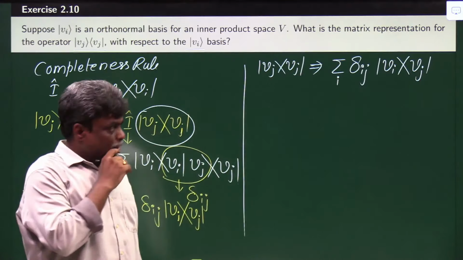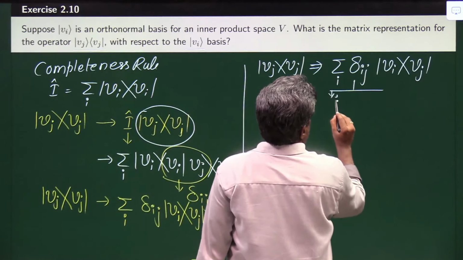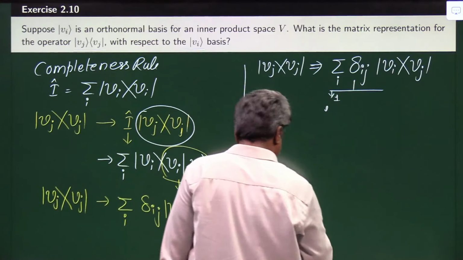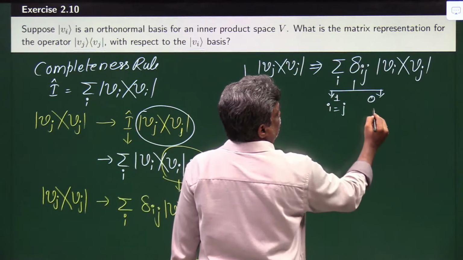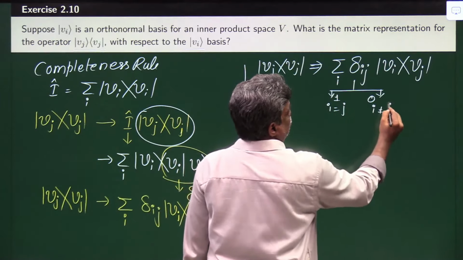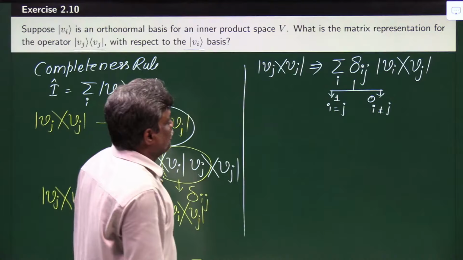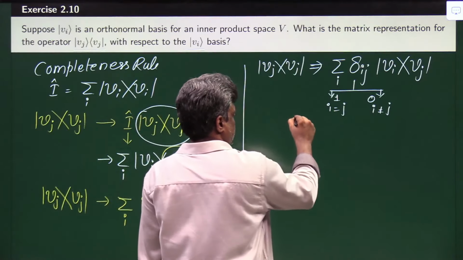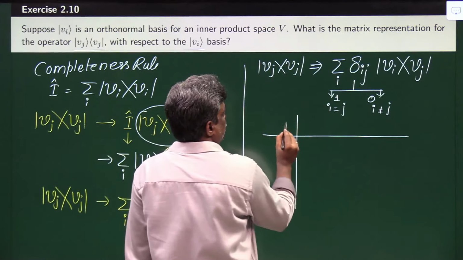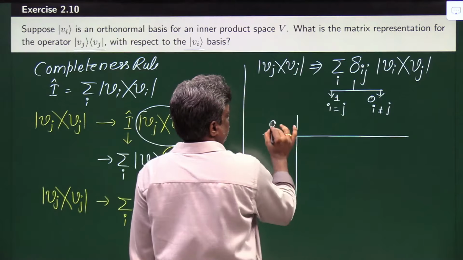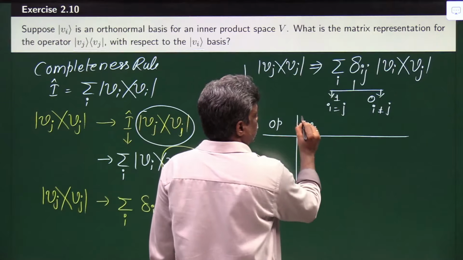Okay. So you know this property of the Kronecker delta. This is equal to 1 only when i equals j, that is a diagonal, and 0 if i is not equal to j. Okay. So if I take this matrix representation like this, now let us suppose this is the outer product, and here I am taking the basis states input.